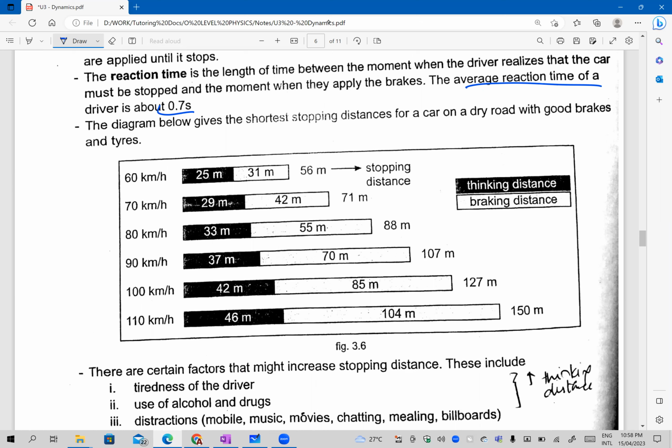If a car is moving at 60 kilometers per hour, it might cover 25 meters thinking and 31 meters braking. So stopping distance would be 56 meters. A car at 110 kilometers per hour similarly might take 150 meters to stop. You guys don't need to remember this table. This is just to understand the distance that you cover when you try to stop, when the friction is in action, right?